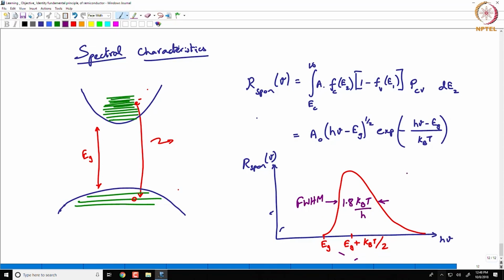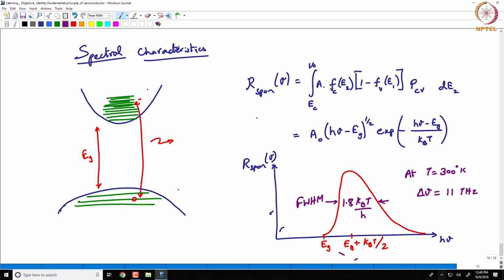So, if you look at T equals 300 degree Kelvin, if you substitute that into this expression, you will find that this delta nu corresponding to the FWHM is about 11 terahertz. Okay. So, at room temperature, all LEDs have roughly a spectral width of 11 terahertz, right.